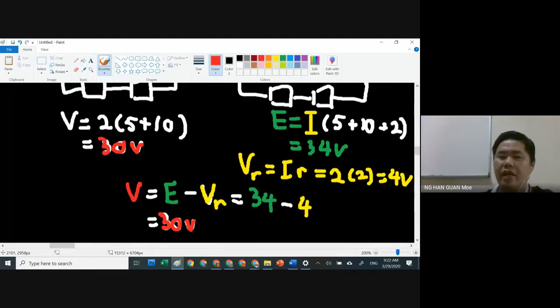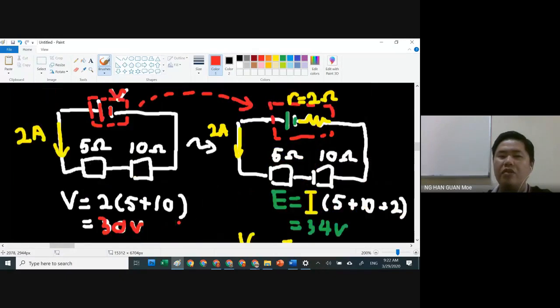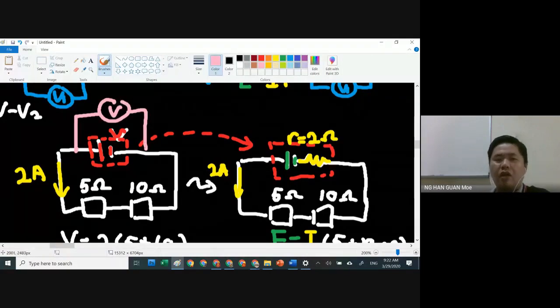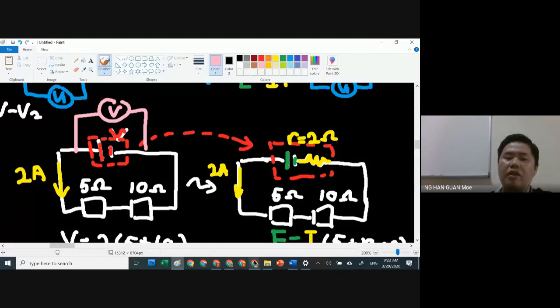Right? And for this question, you can also try to think, if I connect a voltmeter across a battery, the moment I switch on, what is the reading of this voltmeter?